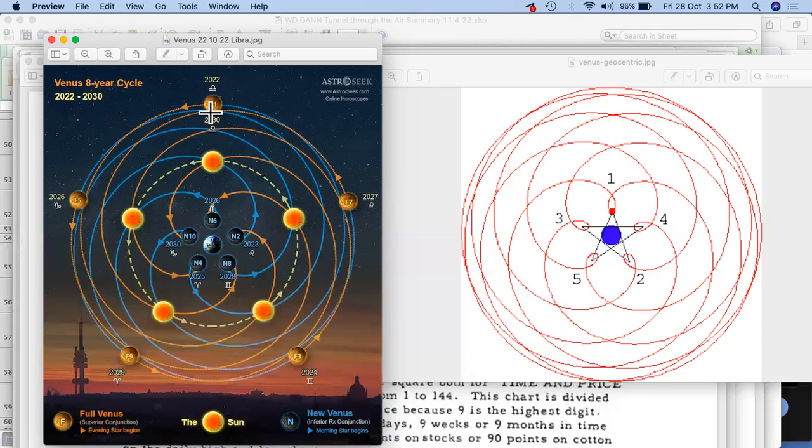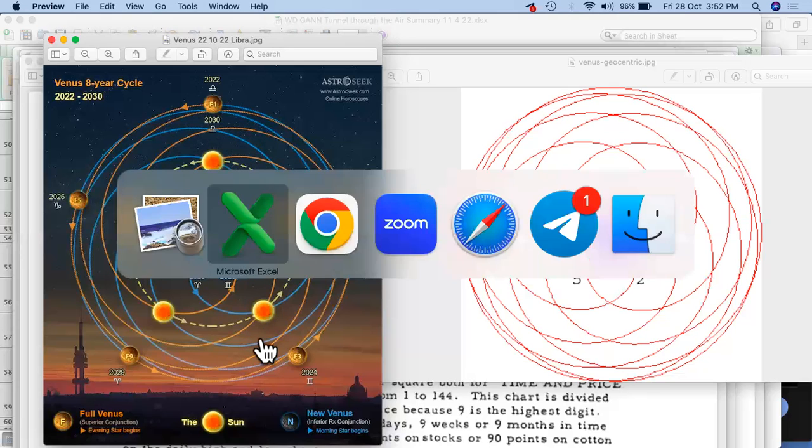So epicycles is when a planet rotates around the sun, and where we assume, being in geocentric, that the sun rotates around the earth also, and simultaneously the planets. Let's say for example Venus is over here. Venus keeps on rotating around the sun as the center, and with this epicycle it also rotates around the earth.